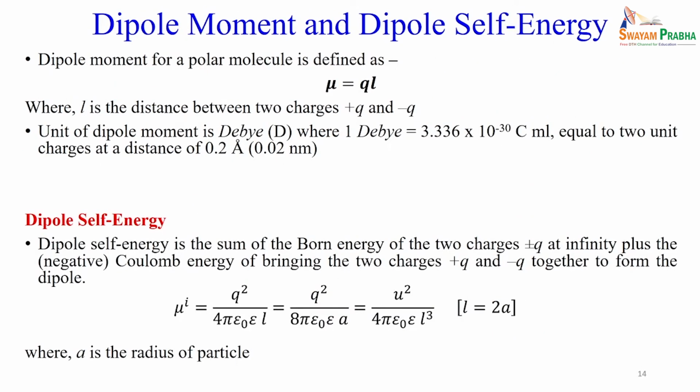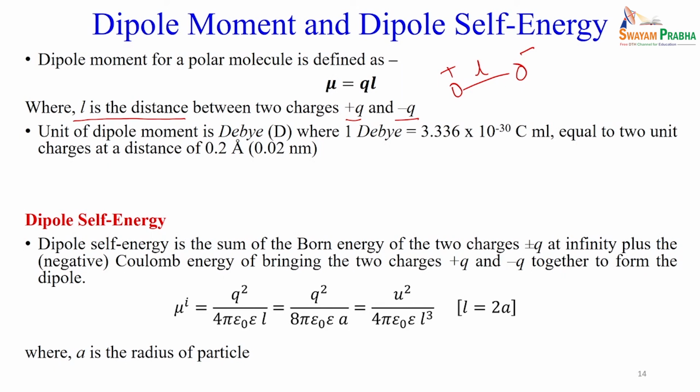The dipole moment of a polar molecule is defined as mu is equal to q into L, where q is the charge, one is plus q, the other is minus q, and L is the distance between the two charged molecules.